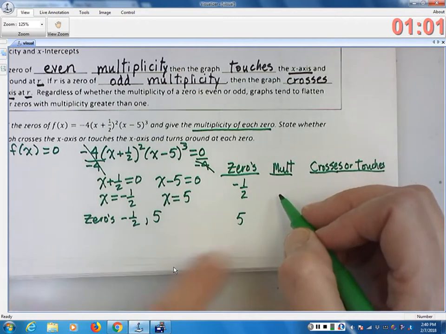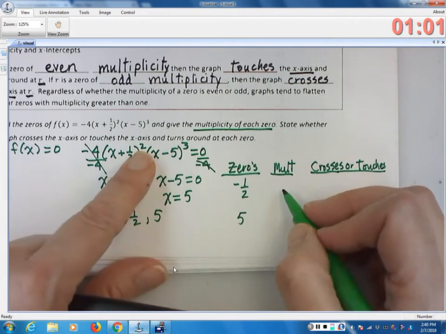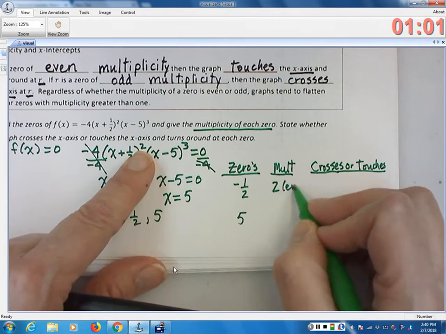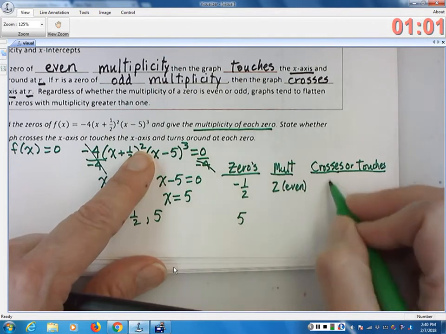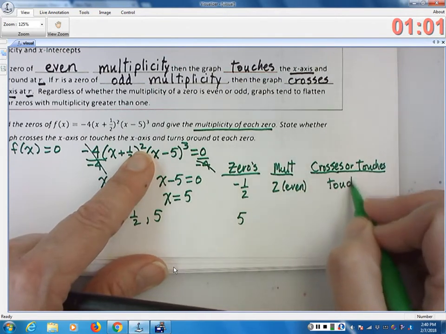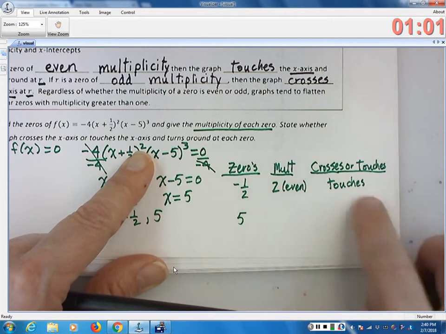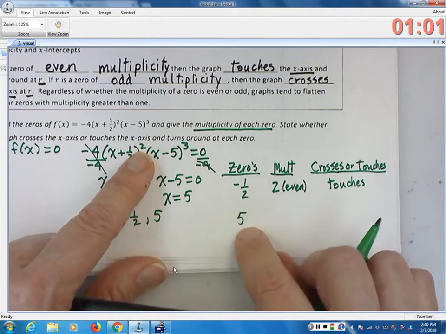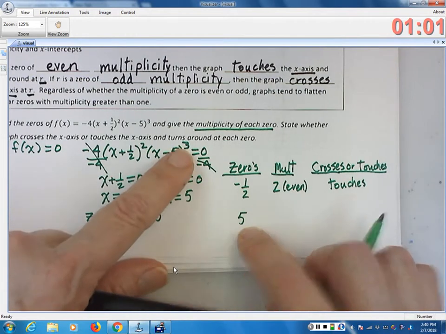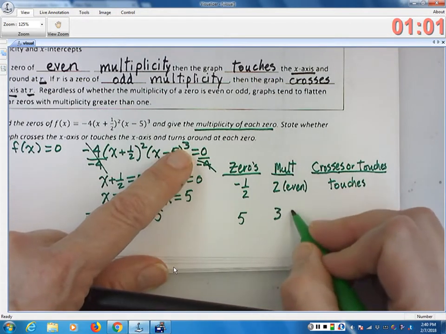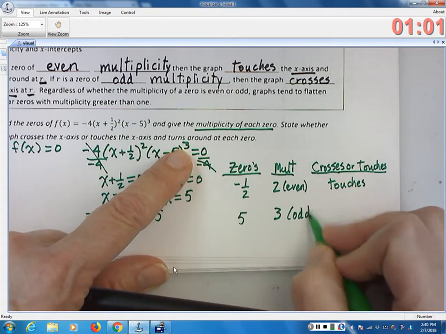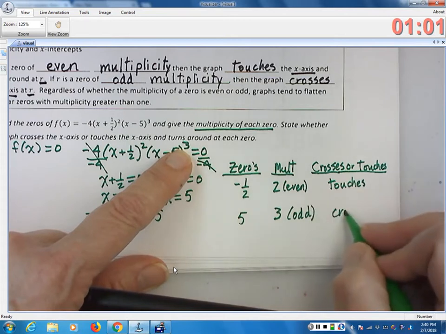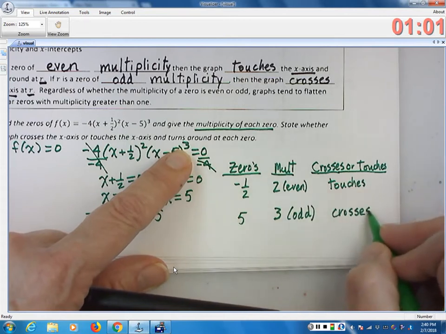So minus 1/2 is used twice, and that's an even multiplicity, so it touches the x-axis at minus a half and turns around. For 5, x minus 5 is used 3 times. That's odd, so it crosses the x-axis at x equals 5.